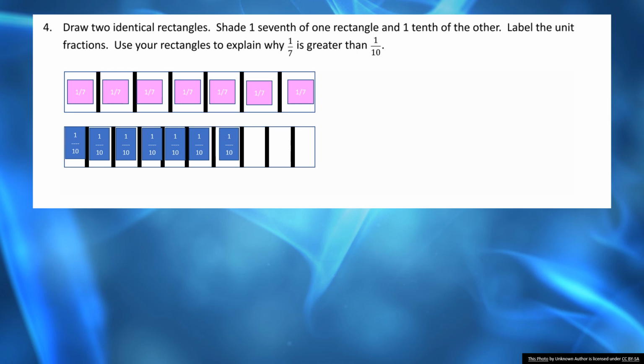My sixth 1/10. My seventh 1/10. My eighth 1/10. My ninth 1/10. My 10th 1/10. So I should have 10 tenths. All right, so I have all of my unit fractions of sevenths labeled, and all of my unit fractions of tenths labeled.